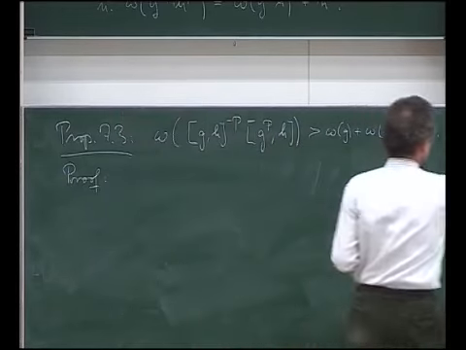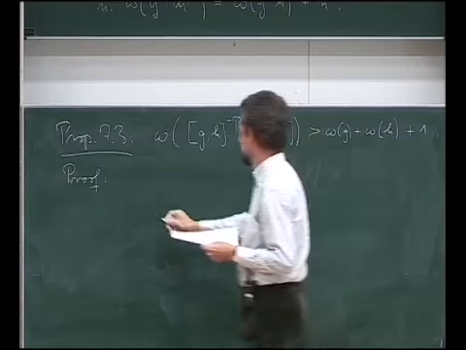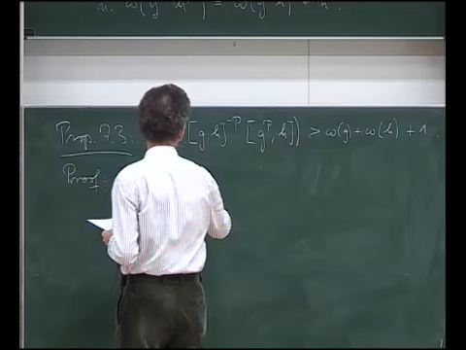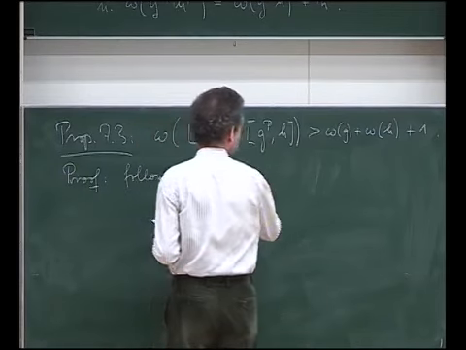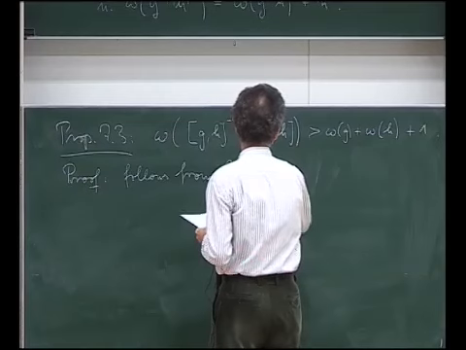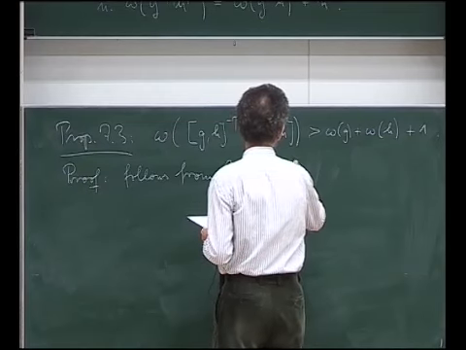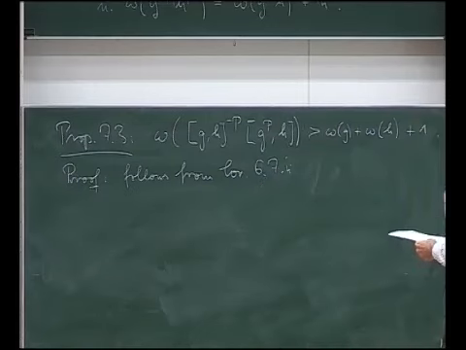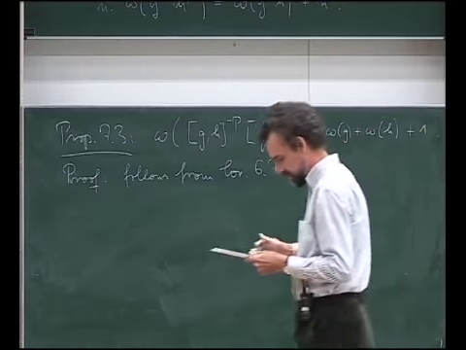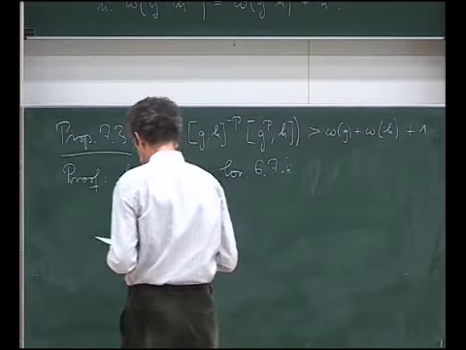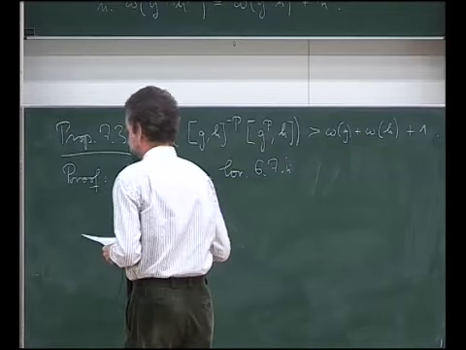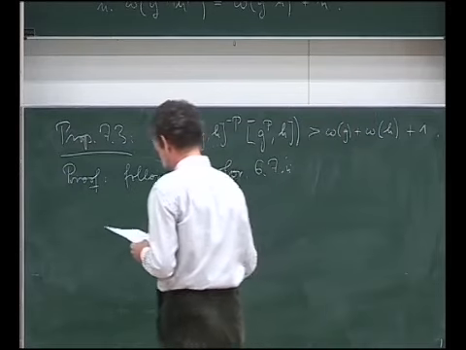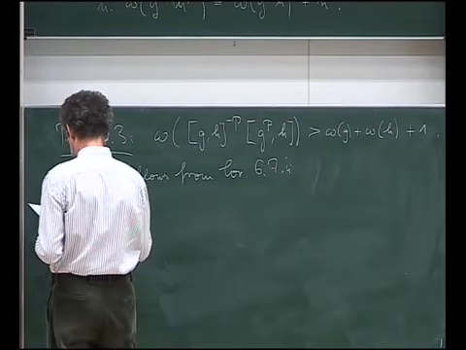I mean, the proof is exactly the same as the one of 7.1, based now on the second part of this corollary. So it follows from corollary 6.7 2i in the same way as the previous proposition followed from the first part.